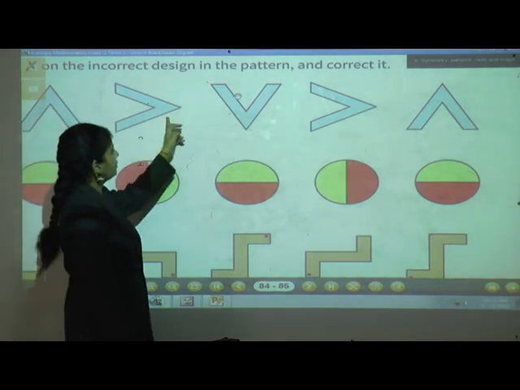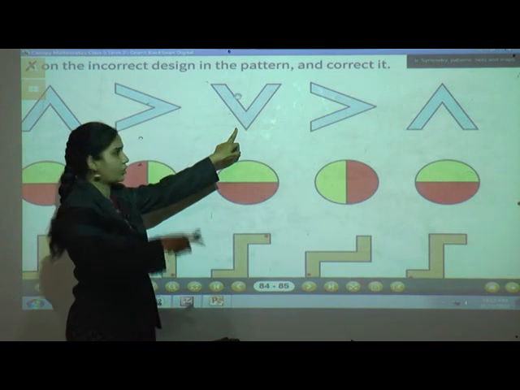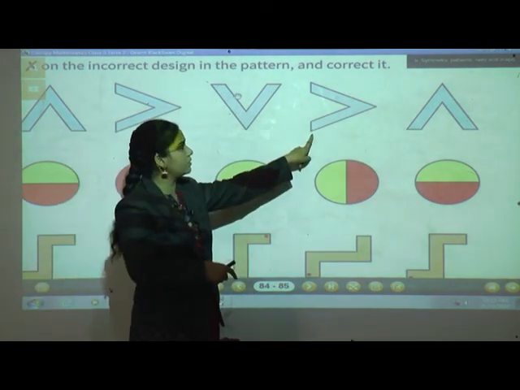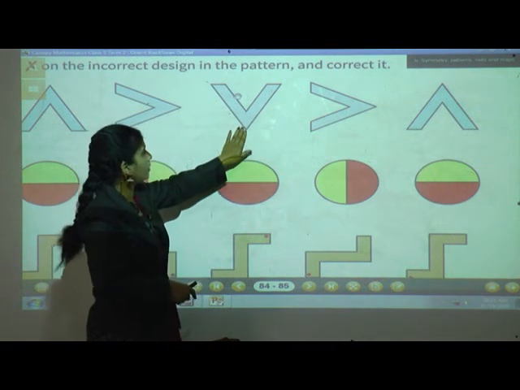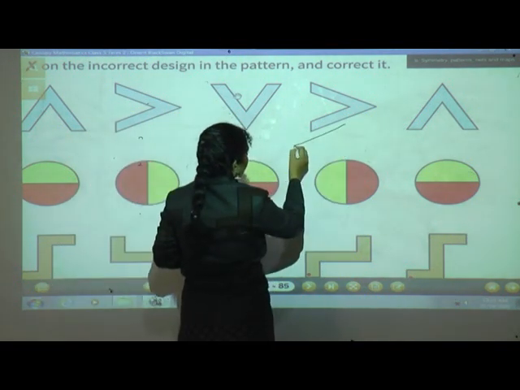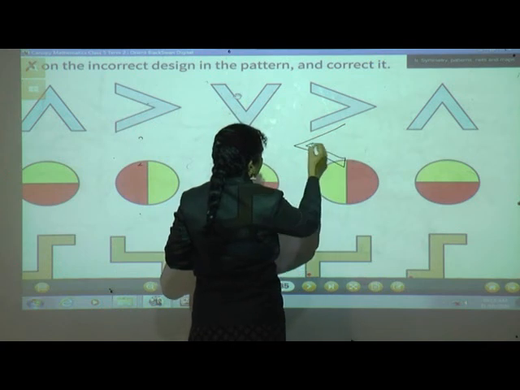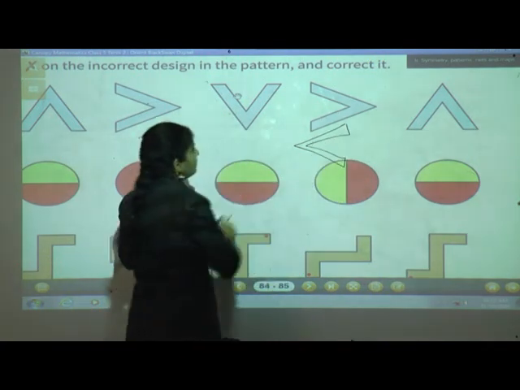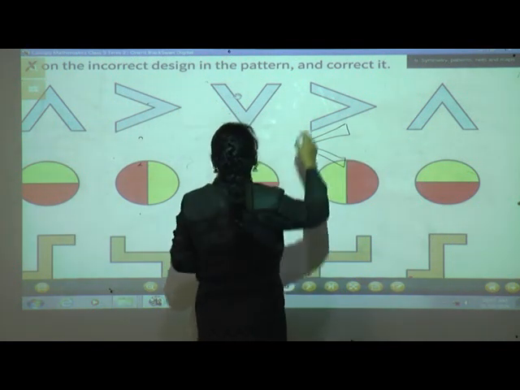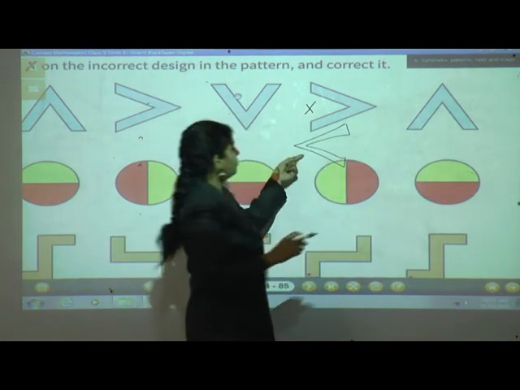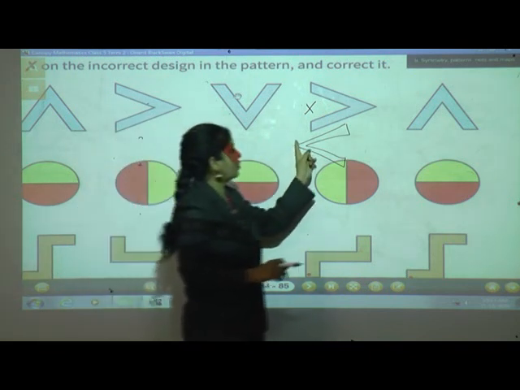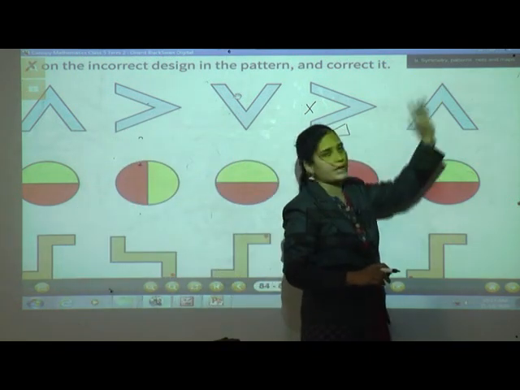Again quarter turn of this figure in clockwise direction. It will look different because the quarter turn of this figure will look like this, isn't it? But here they have given this side. That means this one is wrong. So the correct one looks like this. And the last one, the quarter turn of this figure is like this.